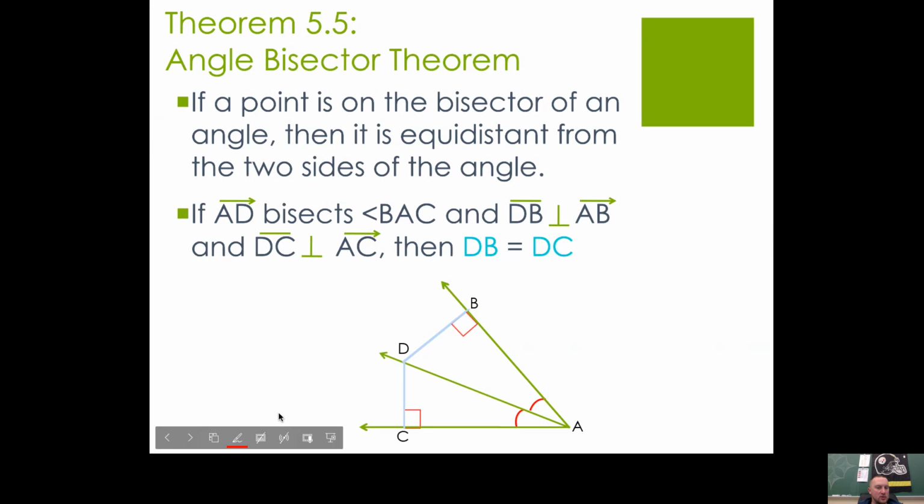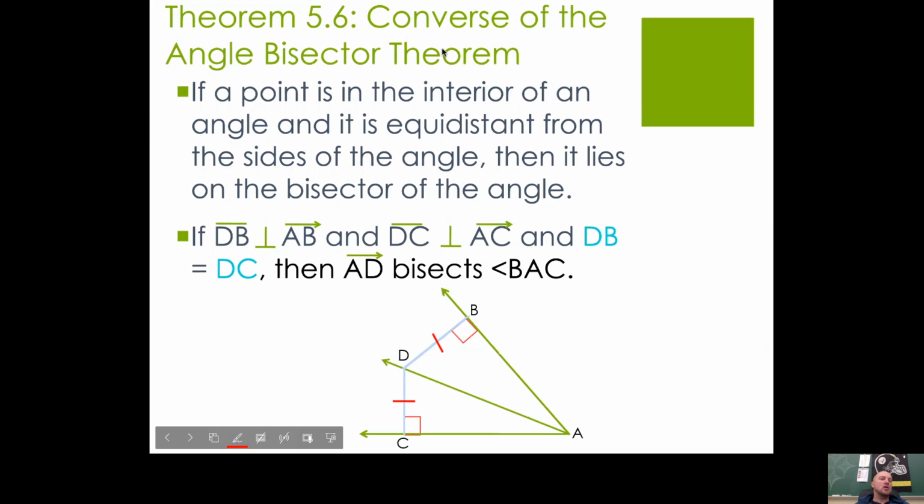They're going to be the same also. Now, it's important that you realize that these are right angles, because if these were not right angles, then these distances would not be the same, regardless of whether or not those were just congruent angles. So that's what the angle bisector theorem says. If you have an angle that's bisected, so these are the same, then you know these are the same.